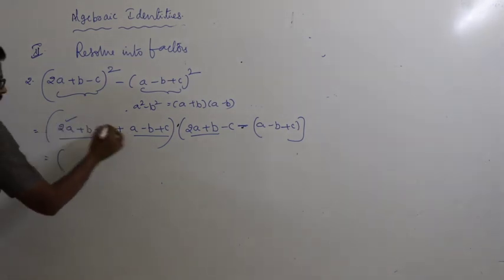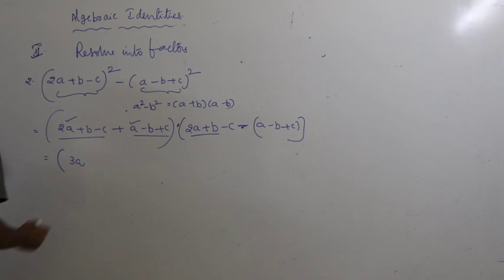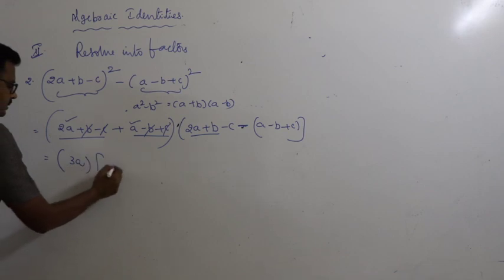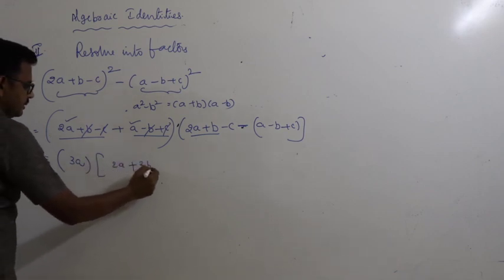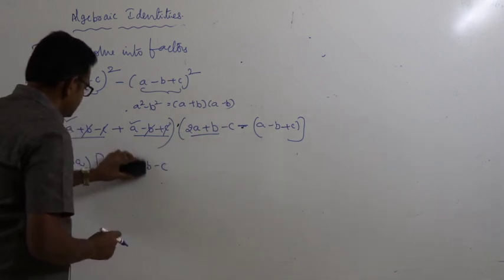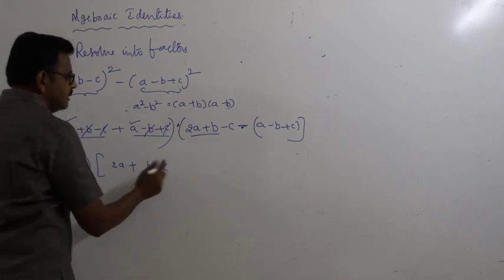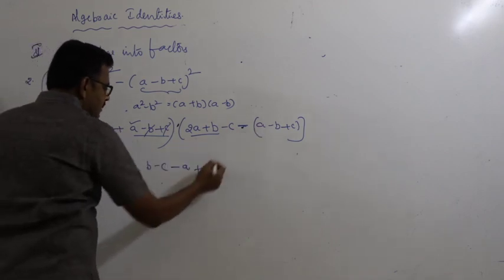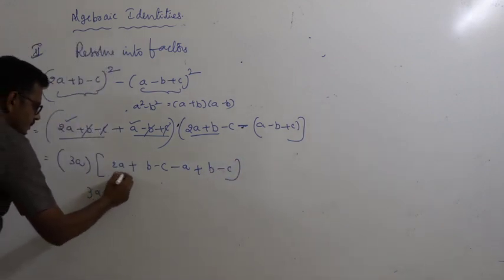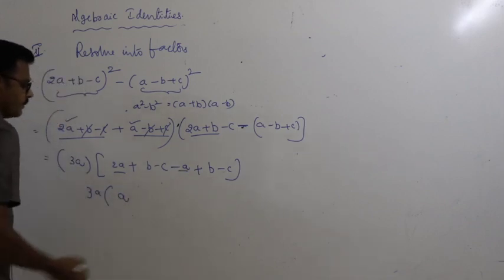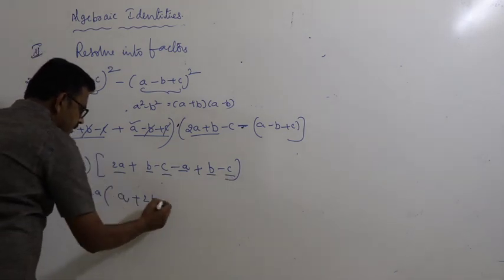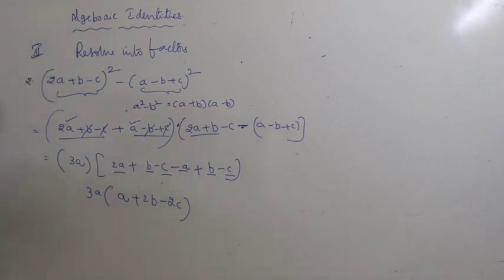That is 2a plus a, 3a, b gets cancelled, c gets cancelled, into 2a plus b minus c minus a plus b minus c. So this is 3a into 2b plus 2b, and this is minus 2c.